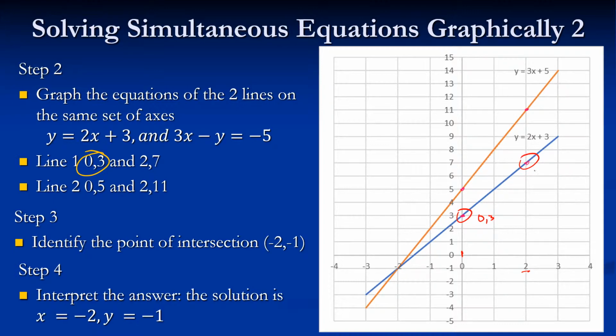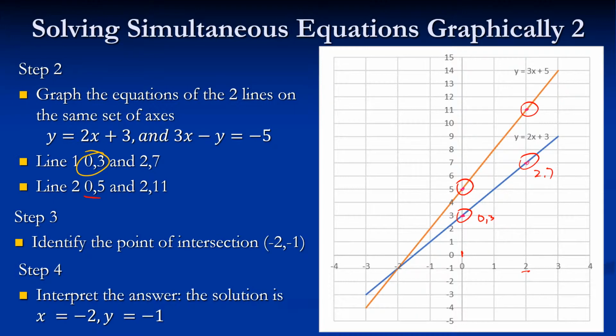So that's our 2, 7. Then you just draw dots on a graph and then get a ruler and draw a straight line through them. Then the next step is to look at the next line, and so we've got 0, 5, so that's 0, 5 there, and 2, 11, and join those 2 dots up with a straight line.